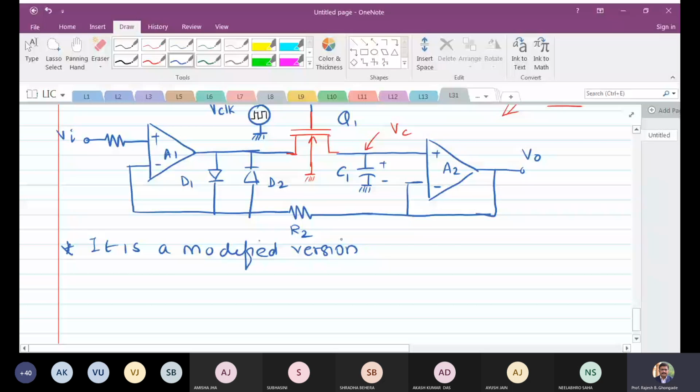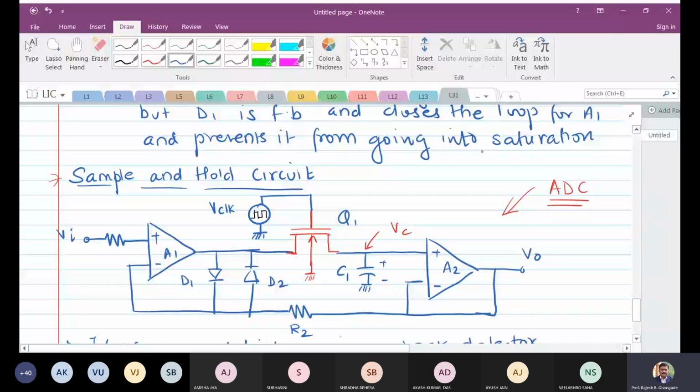What is the modification? What is the change here? Can you tell me? MOSFET. Yes, you have this NMOS device and it is driven with the help of a clock signal. Clock. This is a major modification.